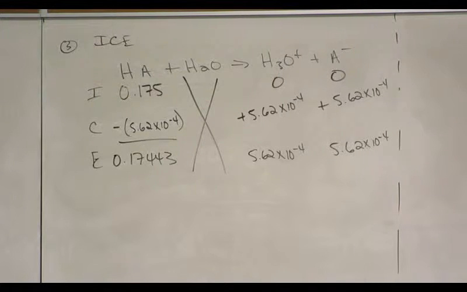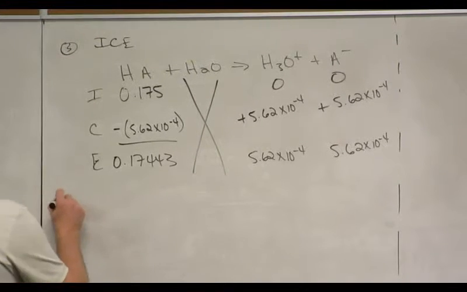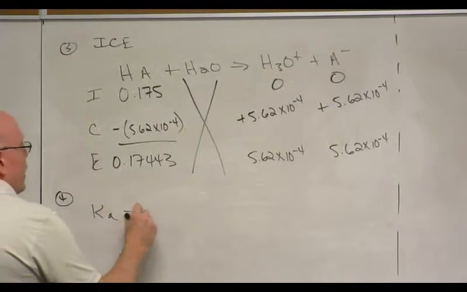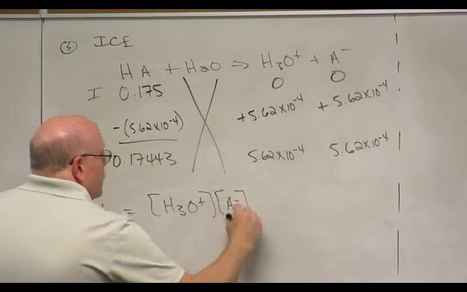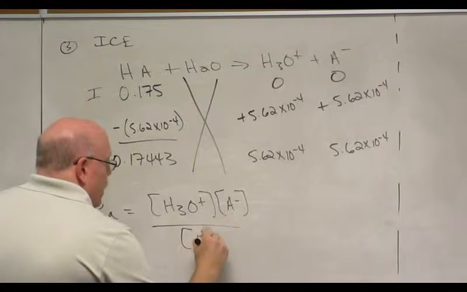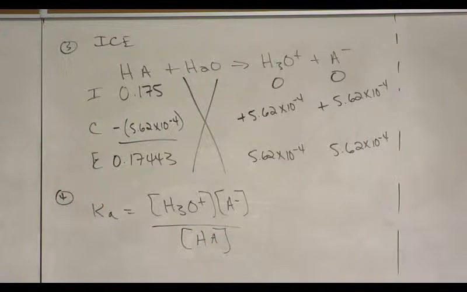If we know all the values at equilibrium, we can find Ka. Remember that Ka equals this guy over that one. But we have all the numbers now. We just have to put in the numbers that we just calculated.